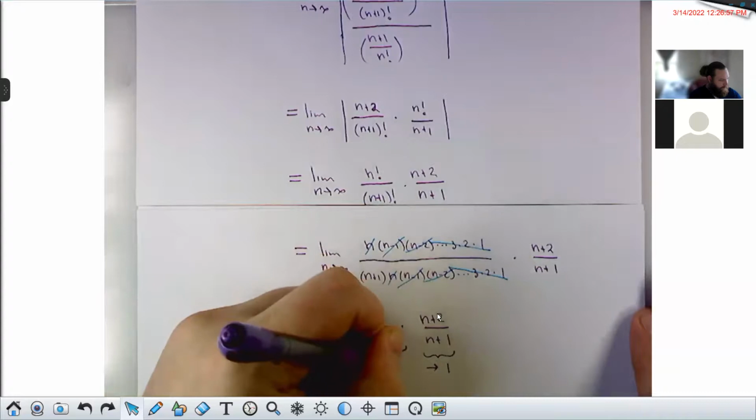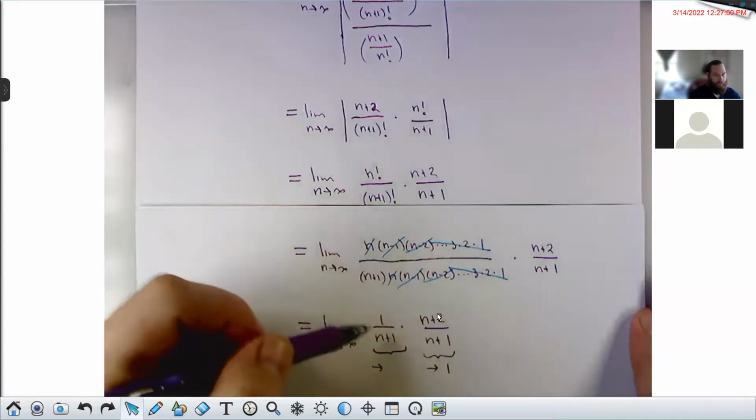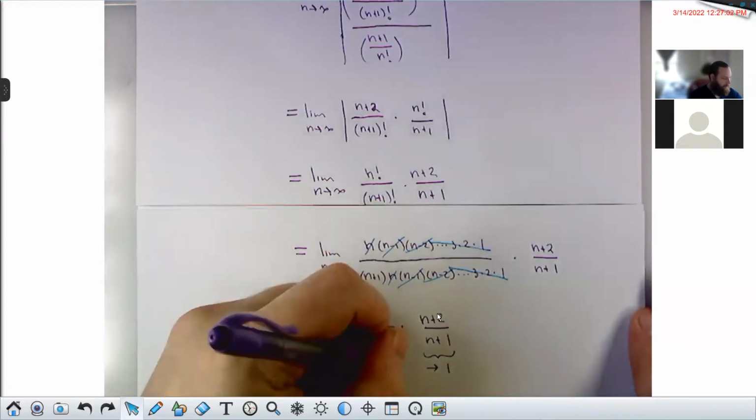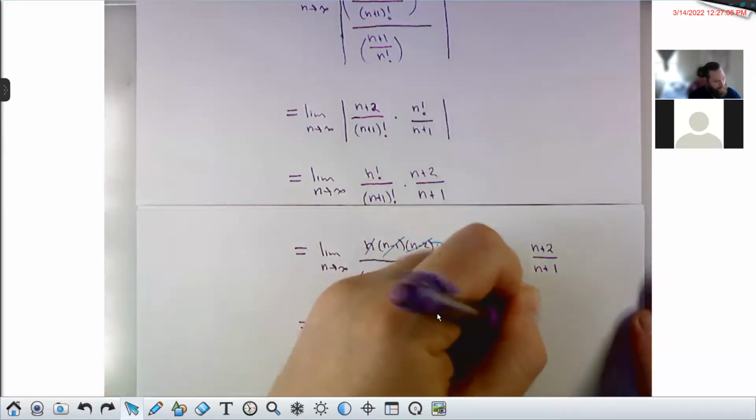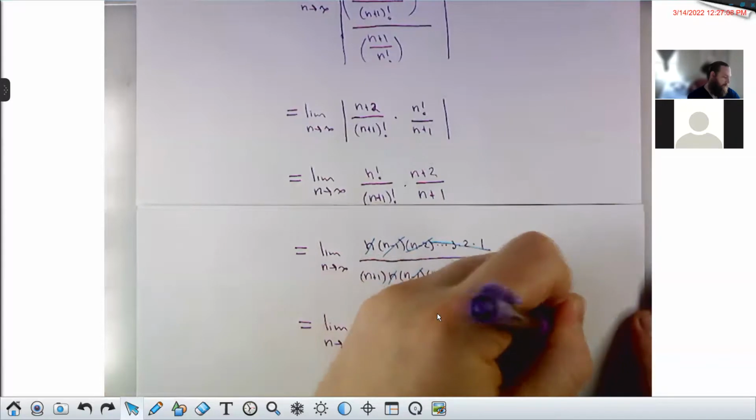This piece, 1 over n plus 1, this is going to be 1 over infinity. That's going to go to 0. So what we get out of this is 0 times 1, which is 0.